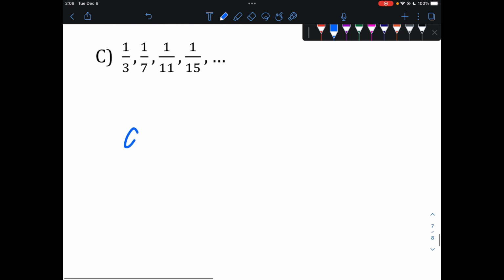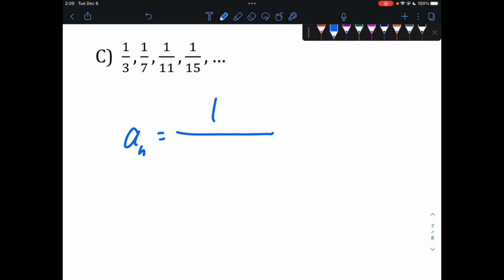For C, a sub n, well, the numerator is always 1. So that's just going to be 1, right? The denominator is going up linearly, 3, 7, 11, 15. So again, that has a slope of 4.